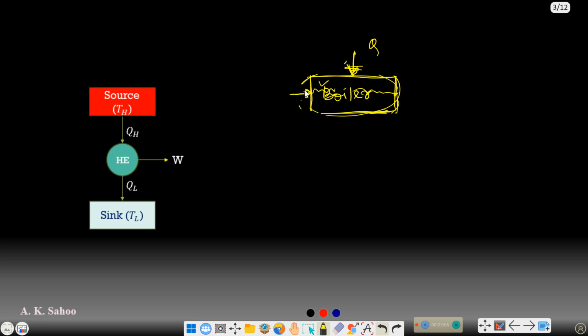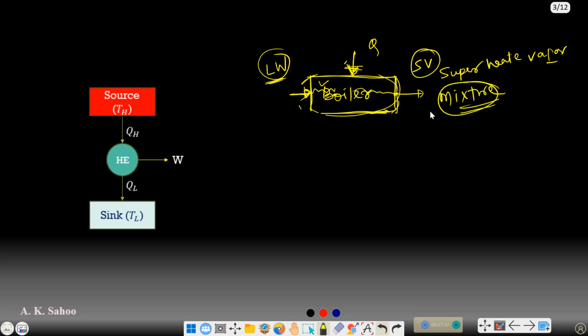At the inlet we'll have liquid water, and what may go out of the boiler may be saturated vapor, maybe superheated vapor, maybe a mixture.